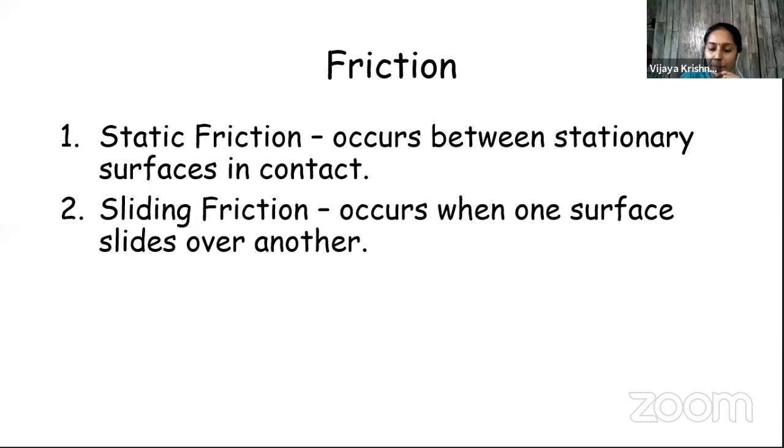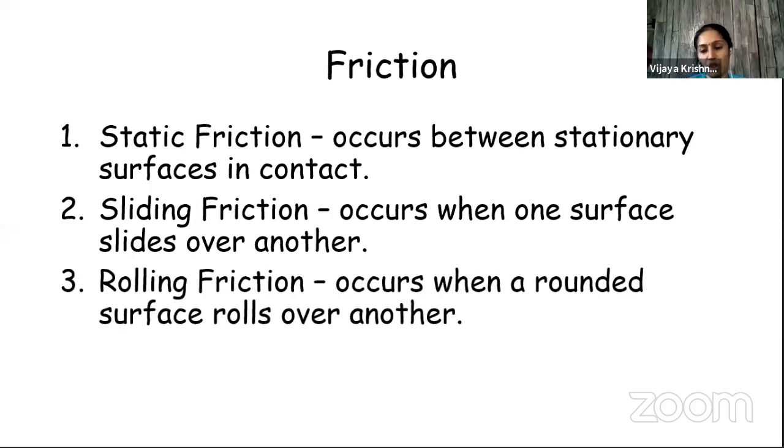It can be uphill or downhill. The third thing is rolling friction. This occurs when you have a rounded surface which rolls over another. Now, rolling friction is going to take a long time because it is easier to push a ball that is going to go downhill. So, a rounded object moves faster and hence friction force takes a longer time to act upon it.